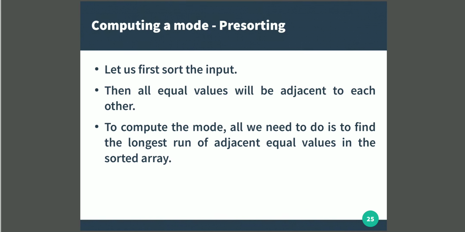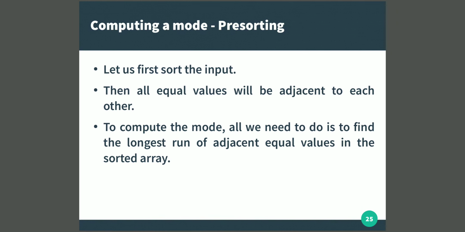How can pre-sorting help here? In the transform and conquer approach, in the transform phase, we perform the sorting on the input, instance simplification. So when I sort the input, all equal values will be adjacent to each other. Now if we want to find out the mode, all we need to do is find out the longest run of adjacent equal values in the sorted array.